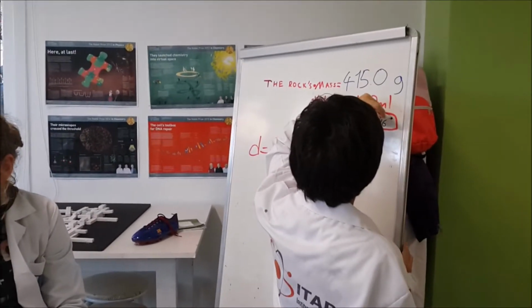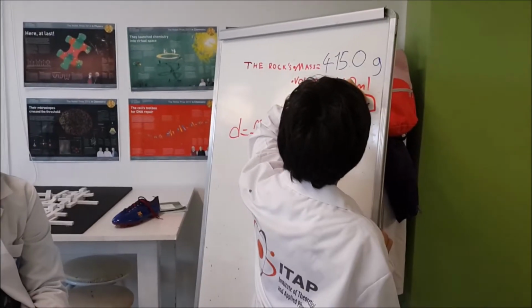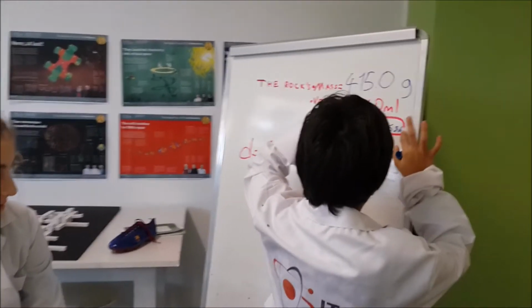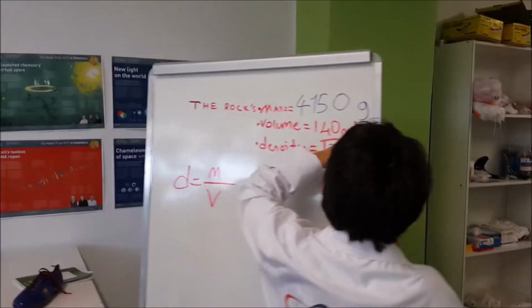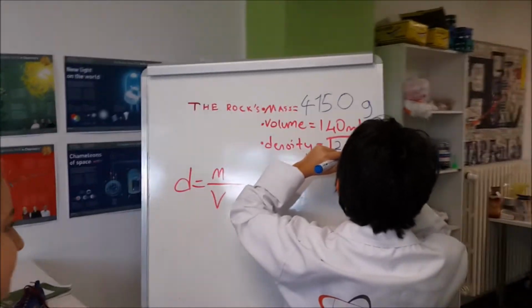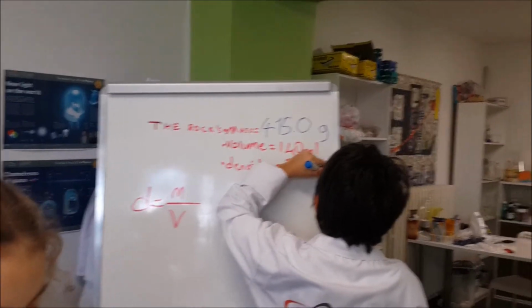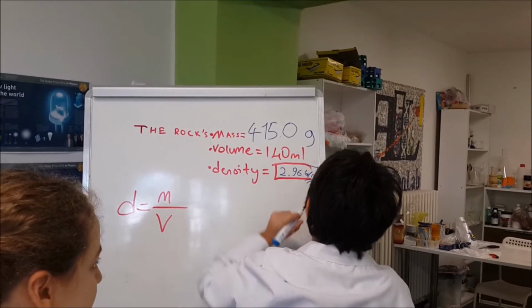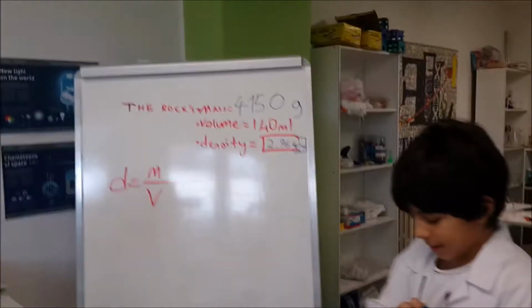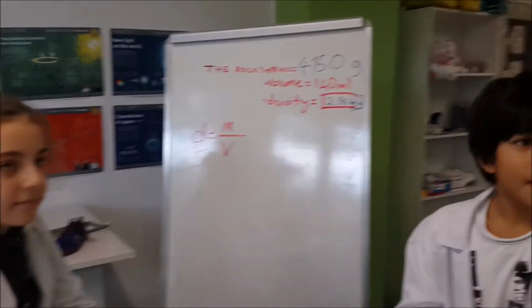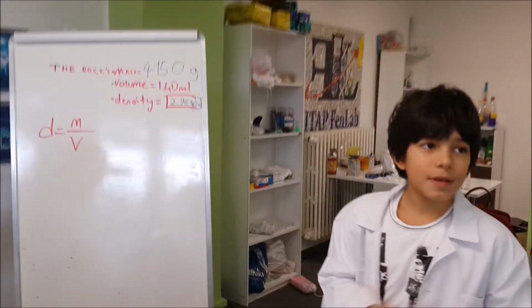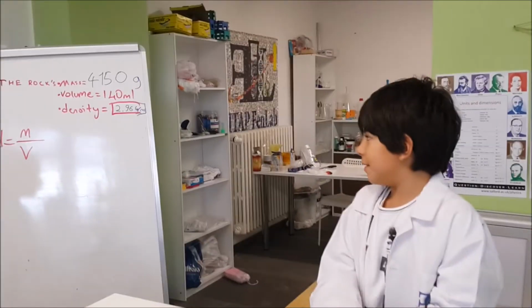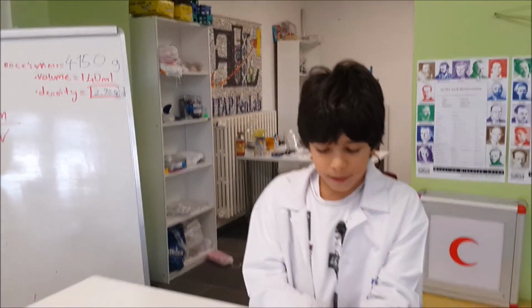Approximately 3, actually. Gram per milliliter. Okay. So we found the density. Yeah, we found the density, volume, and mass.